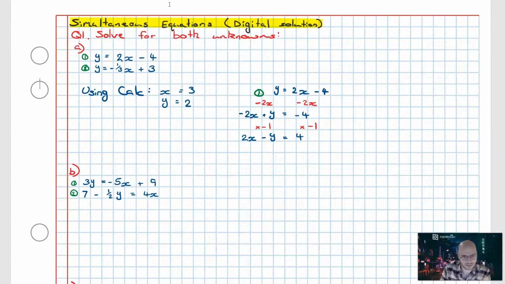And this is still system 1 or equation 1. Now for the second equation, we've got y equals negative 1/3 x plus 3. Rearranging, x has to go to the left, so we're going to add 1/3 of x.